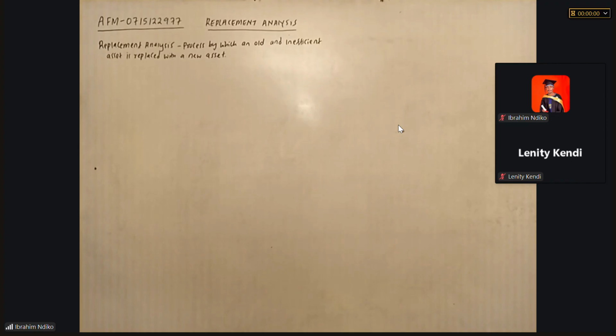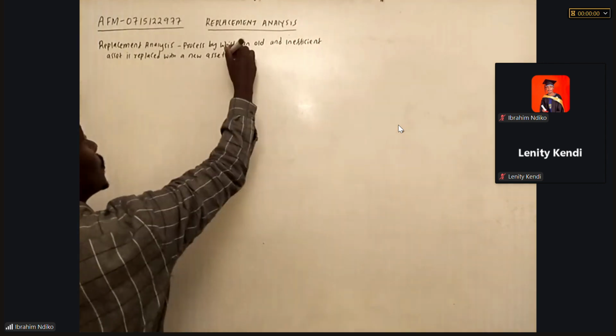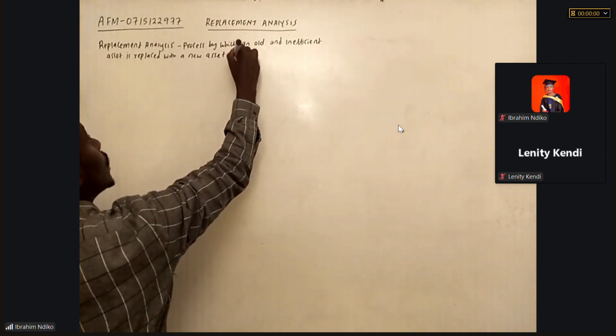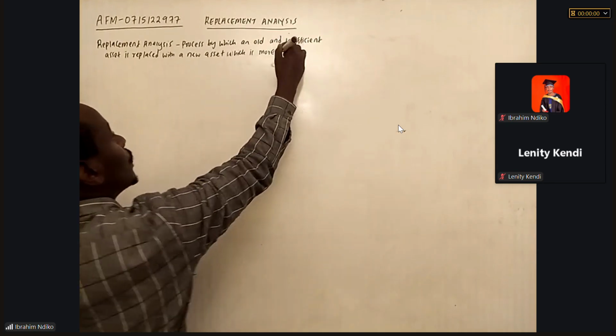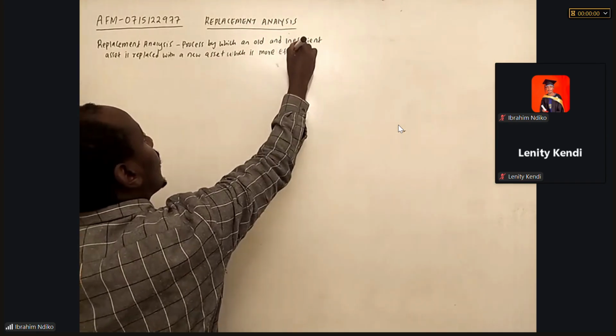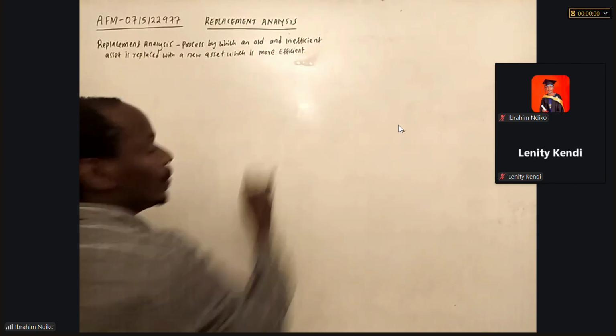So the process which involves replacing an old machine by a new machine is what we call the replacement. So the new machine, a new asset, must be more efficient. Remember, it must be more efficient.